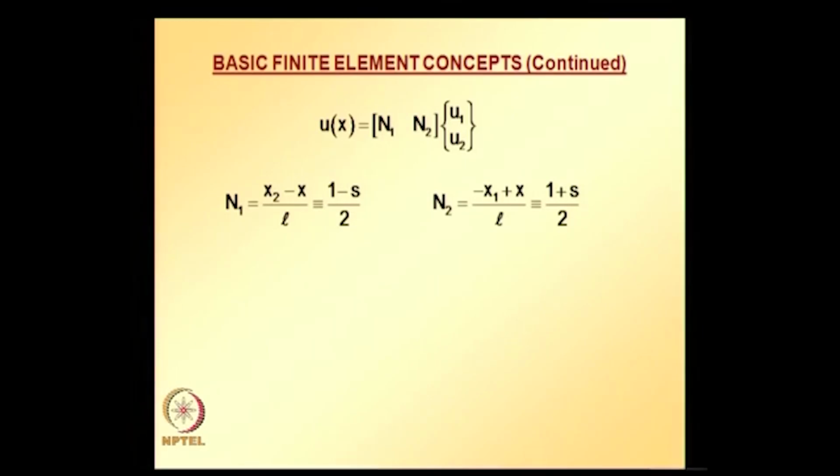Similarly, you can write the expression for N2 in terms of s coordinate system. Again, you can cross check whatever that you learnt earlier, that is N1 plus N2 is equal to 1, and derivative of N1 with respect to s, if you add to the derivative of N2 with respect to s, it is going to be equal to 0. So, sum of all shape functions should be equal to 1, sum of the derivatives should be equal to 0.